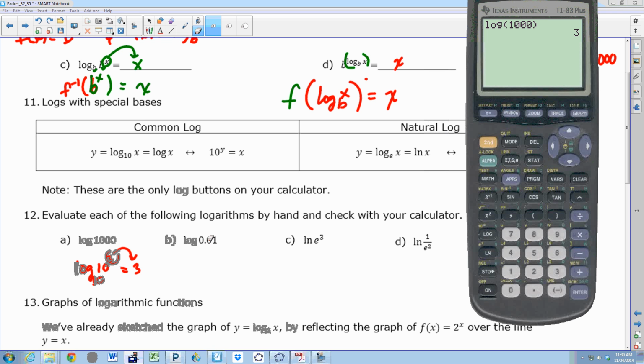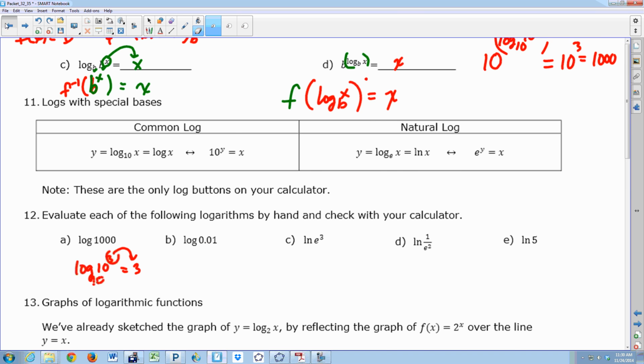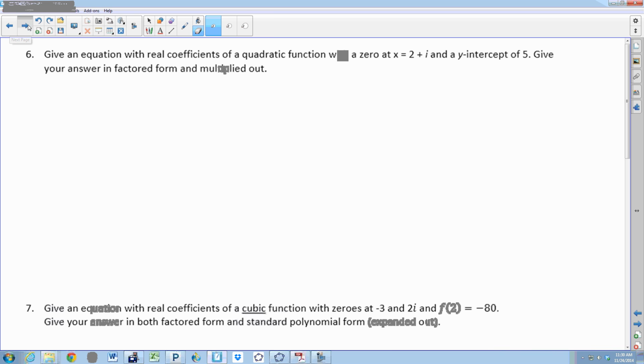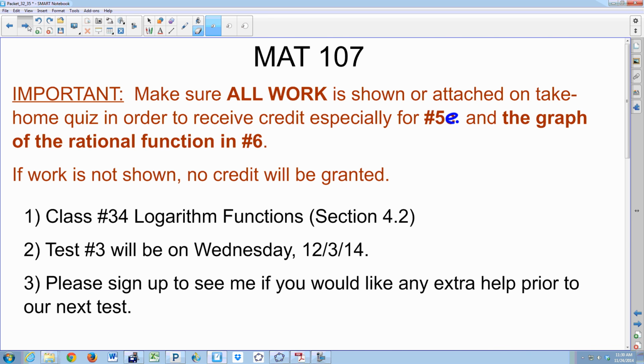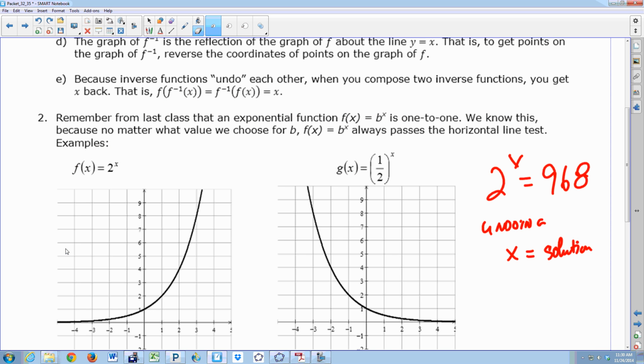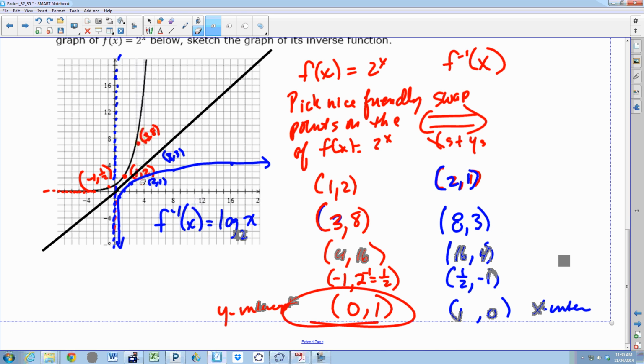Now, if you have a decimal, a number between 0 and 1, you know your exponent. Think of our log function we just graphed. When we were graphing our log function, the blue, if your input is a number between 0 and 1, like 0.01 or 0.001, you have to have an output that's negative.